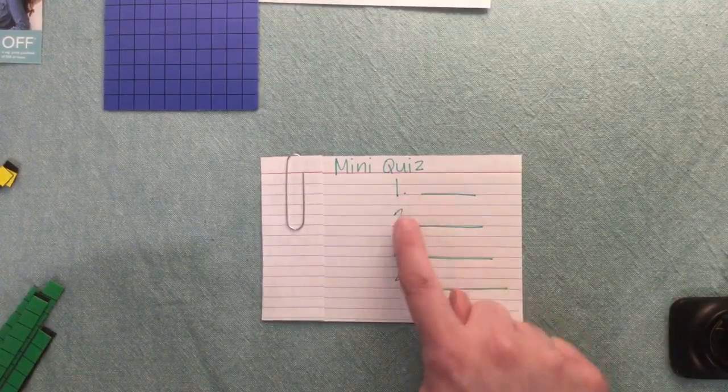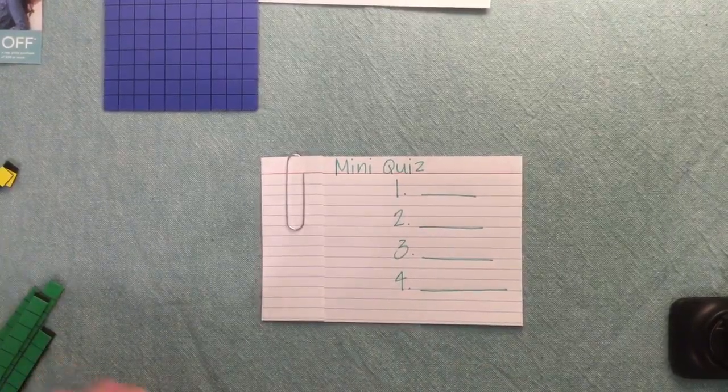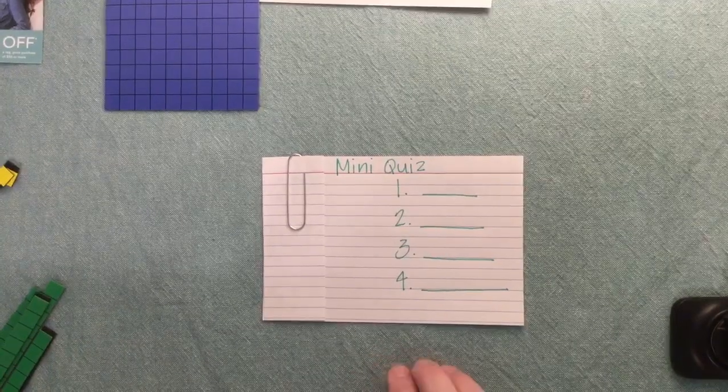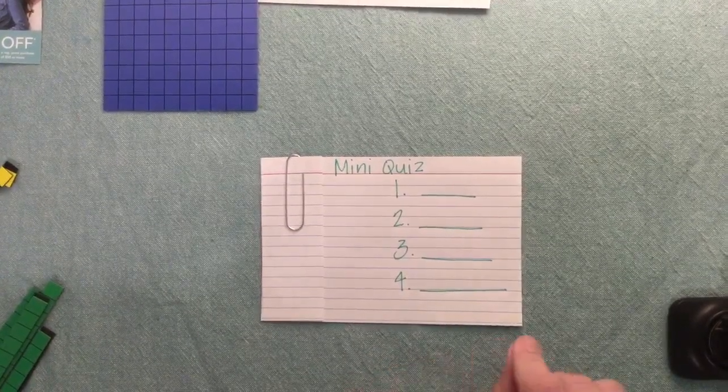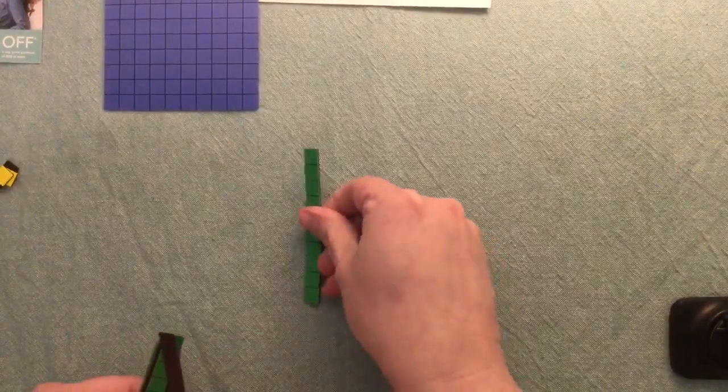Okay, so we're going to have 4 problems. I'm going to do the same thing that I just did. I'm going to flash some base 10 blocks up on the doc camera, and you're going to write down what number I represented. Okay. All right, number 1.